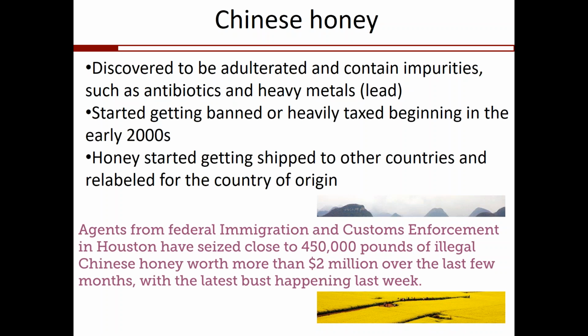So once again, it started getting heavily taxed in the early 2000s, and they got around that by shipping it to other countries. And every year, the Immigration and Customs Enforcement Department in Houston seizes millions and millions of pounds of illegal Chinese honey, but we are positive that there is a lot more coming in than we can catch.